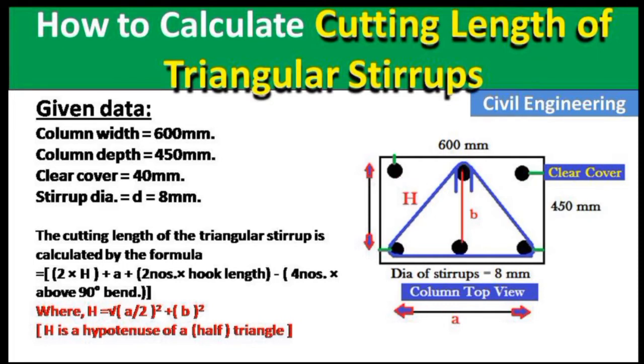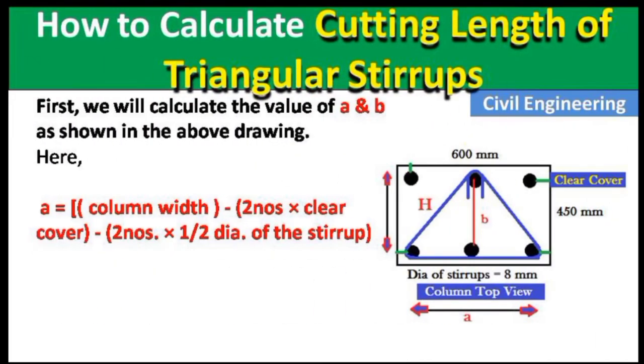So let us see our calculation. First of all we will calculate the values of a and b to calculate h, and after that we will put them in the formula. As shown in the drawing, a will be the column width, the total width. After that we have to subtract 2 numbers into clear cover. I have told you previously that we have to deduct the clear cover from the whole length of the column.